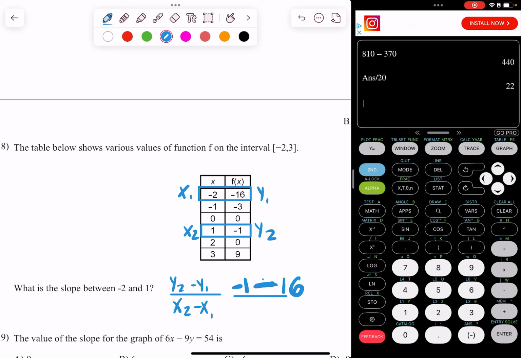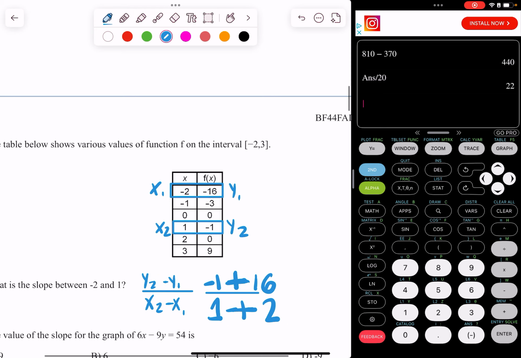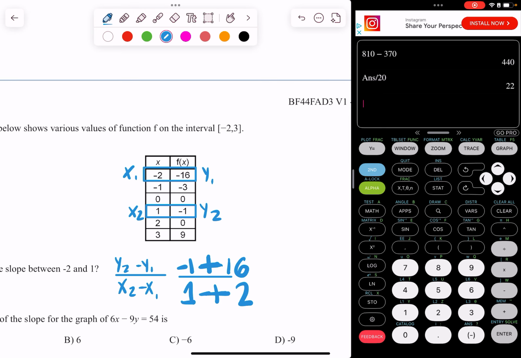When you put a minus negative, make it plus. Our x2 is 1, minus our x1, which is -2, and minus negative becomes a positive. And this would give us 15 over 3, which is equal to 5. Here we would get a slope of 5.